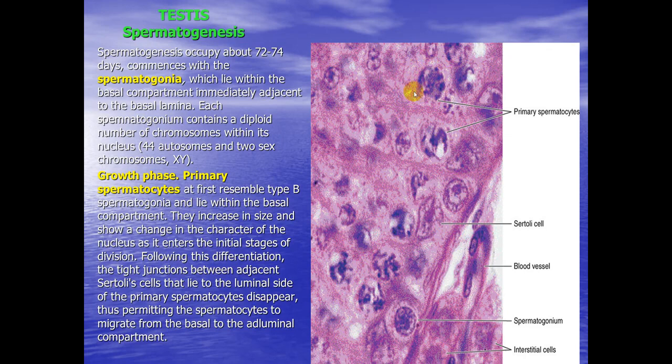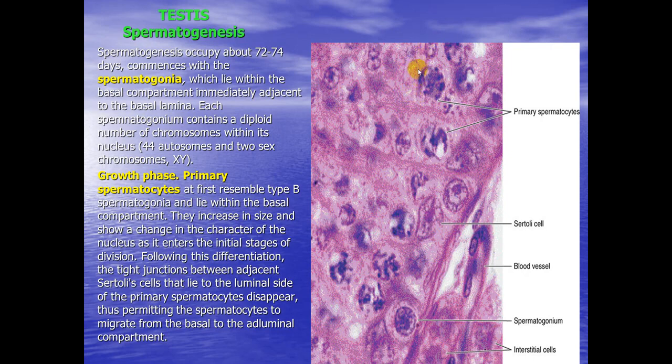These primary spermatocytes are also diploid cells, very large cells, and live a very short period of time. When they break the contacts between the lateral processes of the Sertoli cells, they pass from the basal compartment to the adluminal compartment.